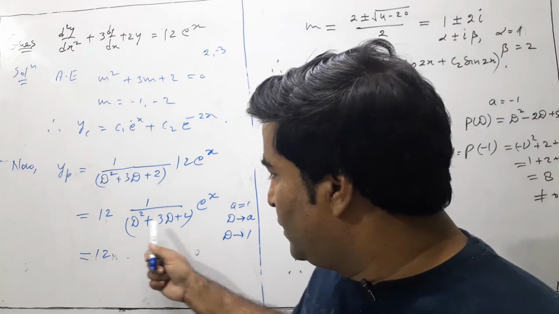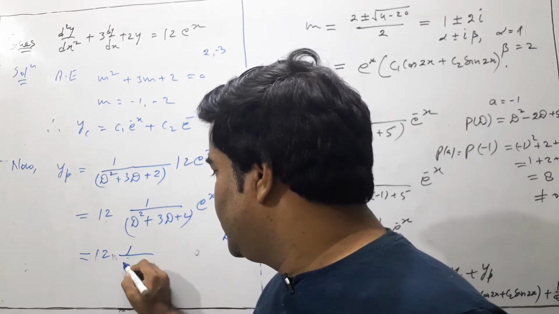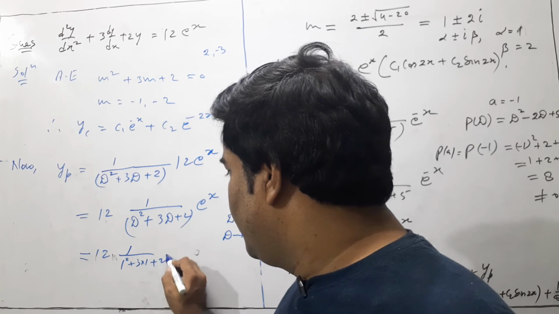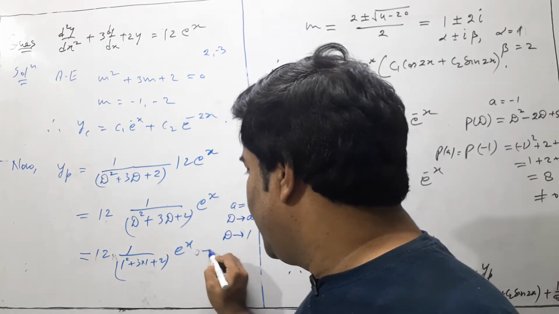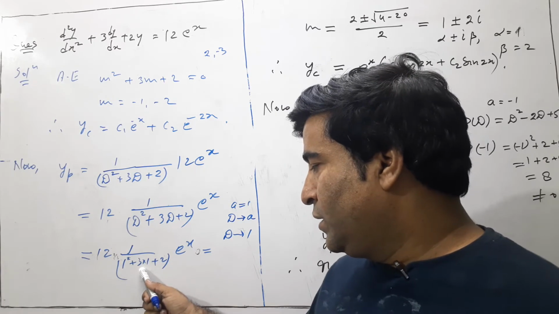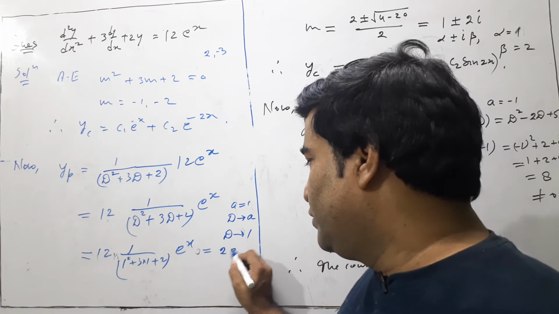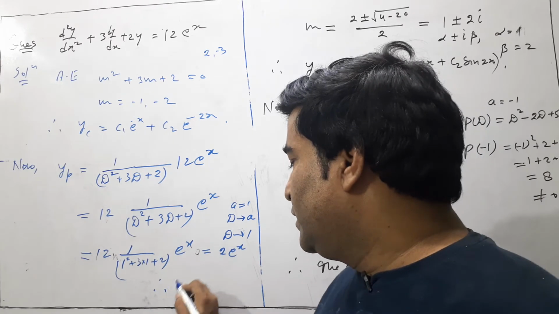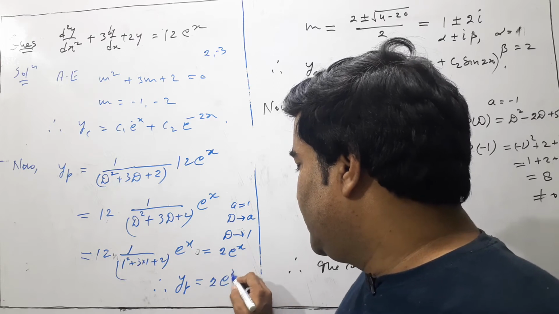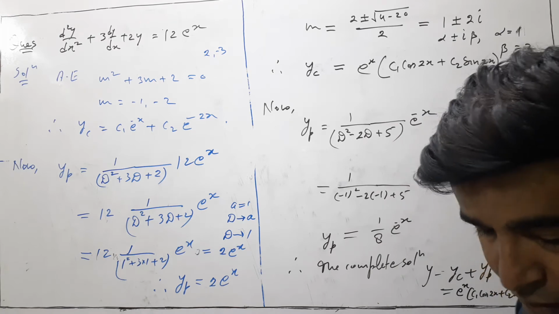So we have 1 + 3 + 2, which is non-zero, so the answer is 1 over (1² + 3·1 + 2) e^x, which is 12 by 6, meaning 2 e^x. Therefore the particular integral of the given differential equation is 2 e^x.